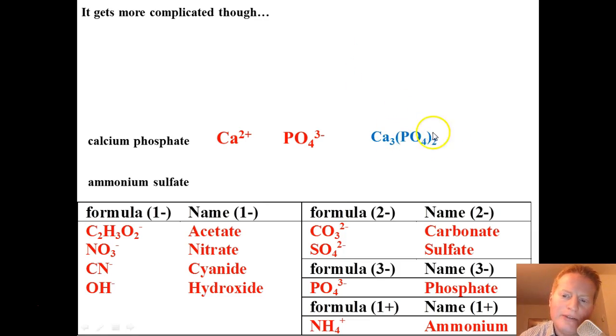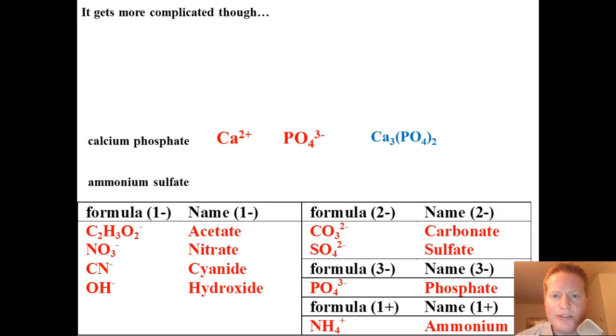So I already included the parentheses here. Again, you can't change the phosphate. It's still a PO4. But I'm saying that I have 3 calciums, so that's 3 times a +2 will give me a total of +6, right? And then I have 2 phosphates, so that's 2 times my -3 charge, and that'll give me a -6. So my +6 will cancel out my -6, and this is the correct formula for that one.